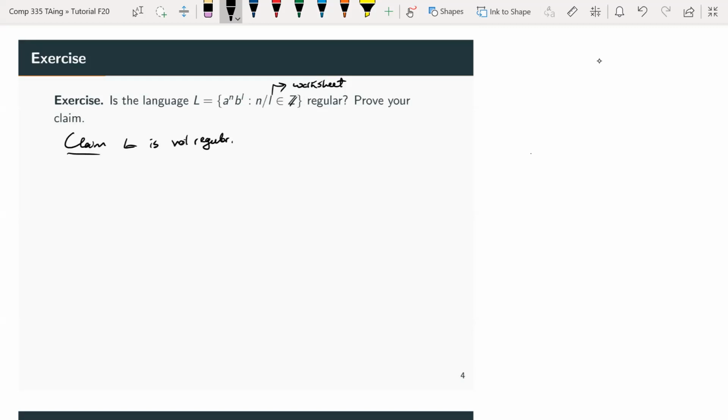And the reason why I say this is it's similar to the example before. Tracking n over l being an integer actually requires some form of memory. You need a buffer to distinguish between an integer and not an integer. So it's very difficult to picture an FA that would be able to tell you, oh yes, this is an integer, or oh no, this is not an integer, because you're trying to do a division, right?